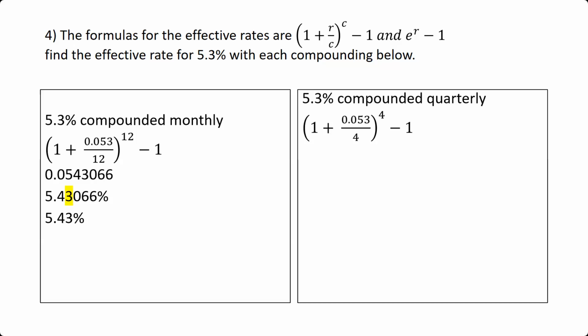Again, the biggest mistake is making sure the -1 is not in the exponent. You should end up with something close to 0.053, but a little bit larger. Then make it a percent and round to the 100th.